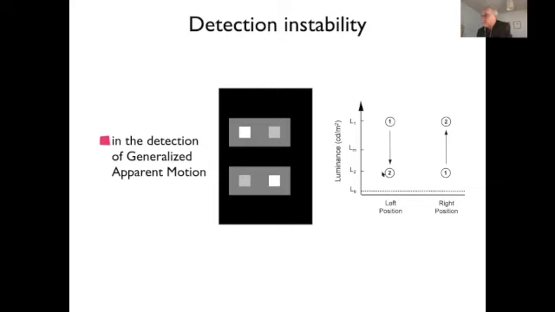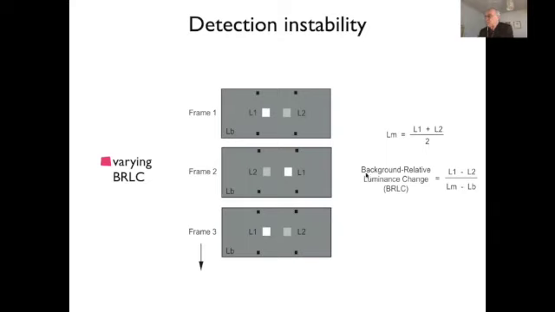And you could see that now it matters how much change of luminance you have. That is here, this amplitude, compared to how much contrast there is overall. That you could measure by, for instance, how much this average luminance differs from background. And in turn, that is what is called BRLC, the background relative luminance contrast. So it's the amount of change of contrast compared to how different from background these two elements are.